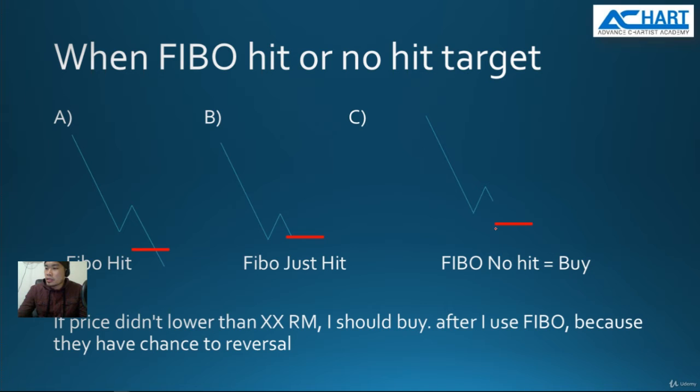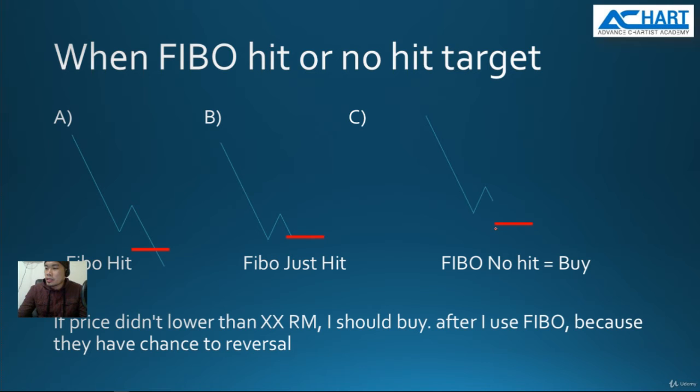If we measure the Fibonacci and it is not hitting its target, that means it has a chance for reversal. So if this is a major downtrend, and we measure the Fibonacci target, it should be here.